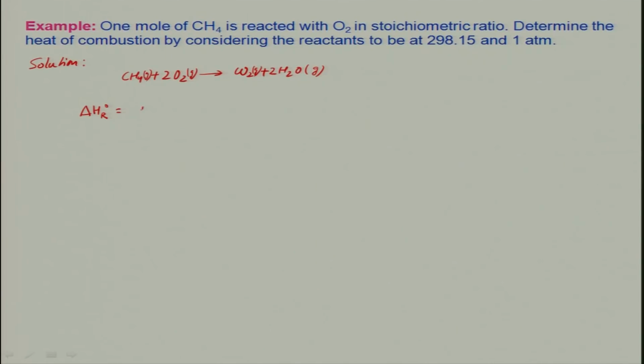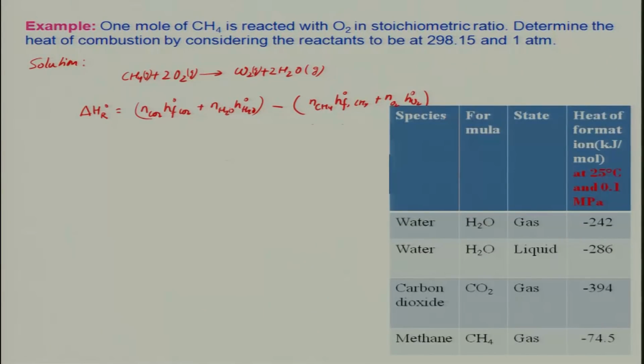the sum of n CO2 times the heat of formation of CO2 plus n H2O times the heat of formation of H2O, minus the reactants. From the table for the heat of formations we can get these values.